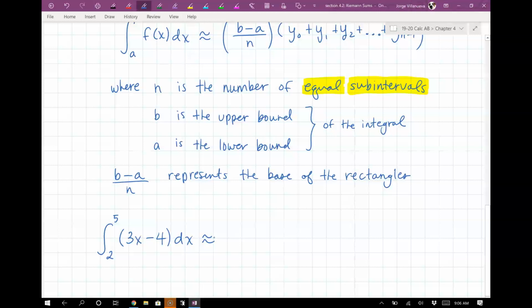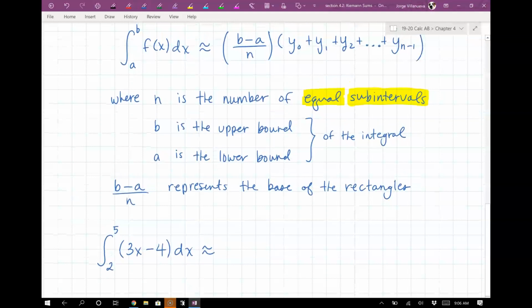I have to use that formula up there. So b minus a over n. B is 5, A is 2, N is 4. Okay, so b minus a over n. And let me just leave the y sub 0 plus y sub 1 plus y sub 2 plus y sub 3. And that's where I'm going to stop. Now, why do I stop at 3?